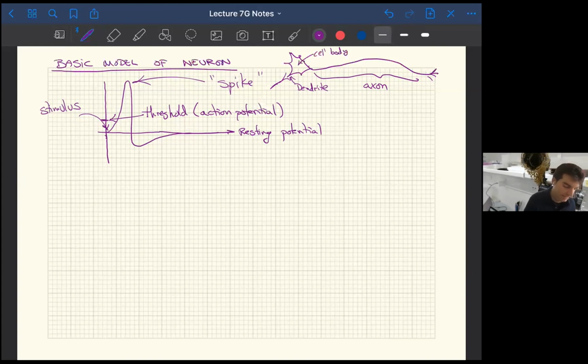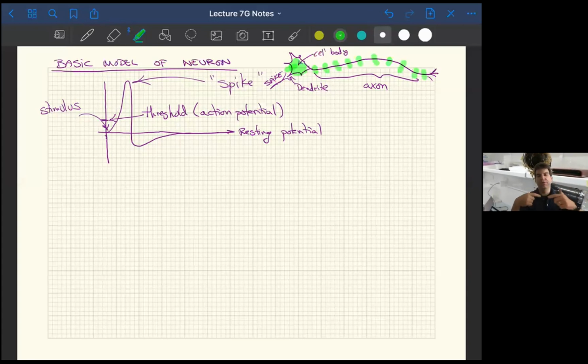So there was a question: is the spike a stimulus, or does the stimulus create the spike? My answer to that question is yes, they're both. So a spike travels down the presynaptic neuron, and it then generates a stimulus to the postsynaptic neuron, which in this case is this one here. And then that creates a stimulus that then causes a pulse to be sent down the axon.